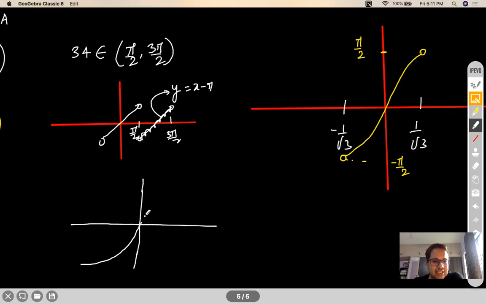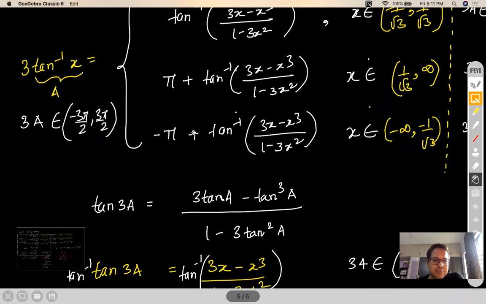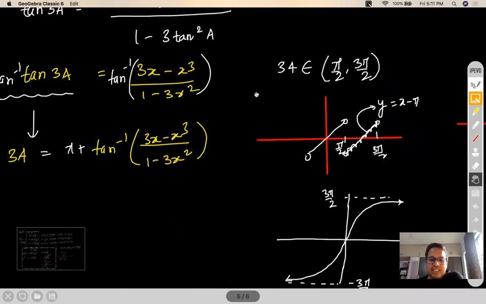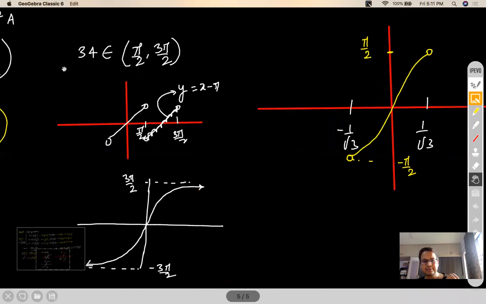So the 3 tan inverse x graph will be like this. We know that this is going to be asymptotic to 3 pi by 2 here. This is going to be asymptotic to minus 3 pi by 2 here. Correct? Now what are we doing? We are going to subtract the pi from this graph. That means this graph is going to be pulled down by pi. Right?